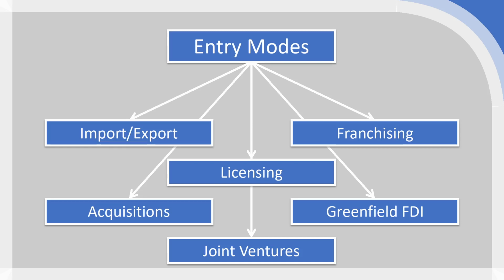So there are a lot of entry modes here that we are going to be looking at. So the first thing that we're going to be doing is actually looking at some of the factors that we have to consider when trying to select one of these, or trying to match one of these to a particular scenario or a particular context.